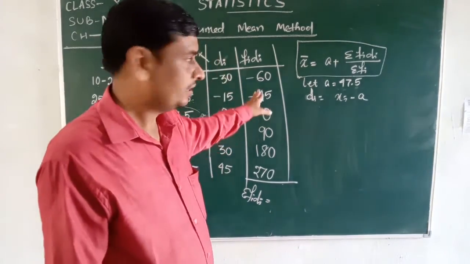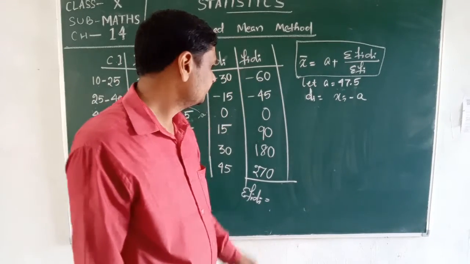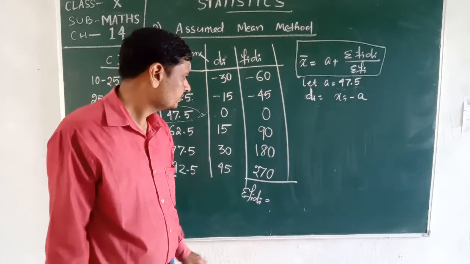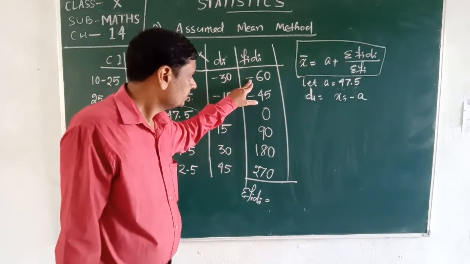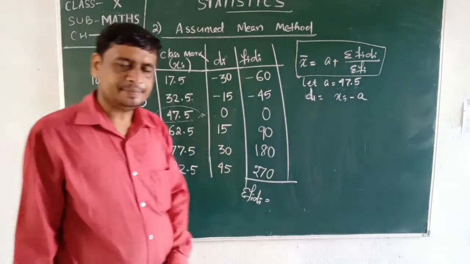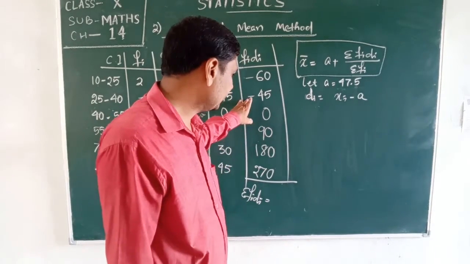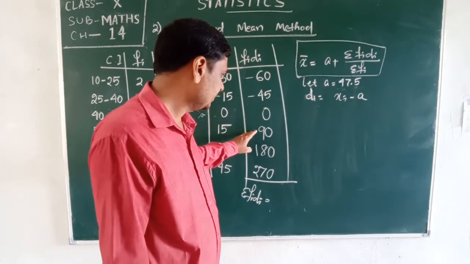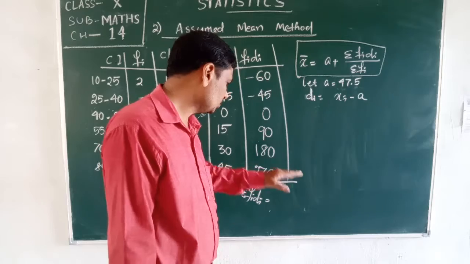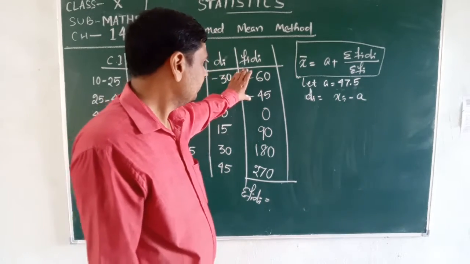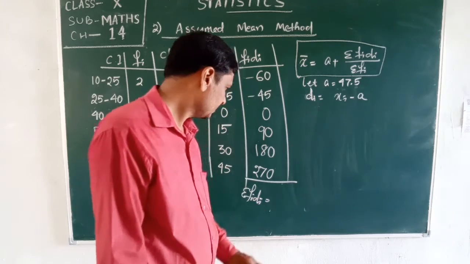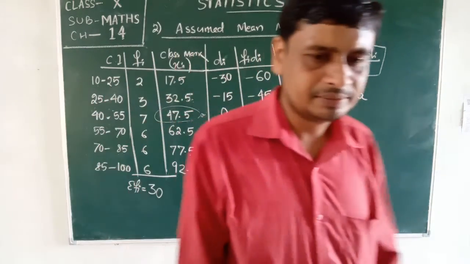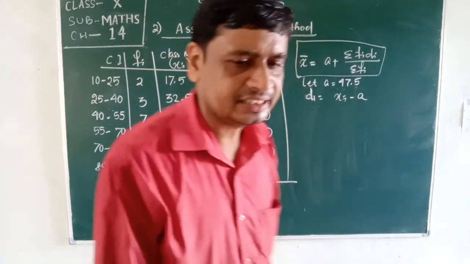In column FiDi, the sum is minus 60 minus 45 is minus 105, and 90 plus 180 plus 270 is 540. Minus 105 plus 540 becomes 435.